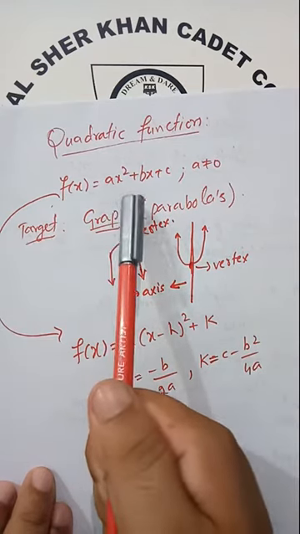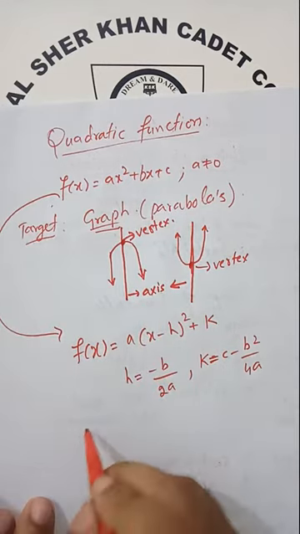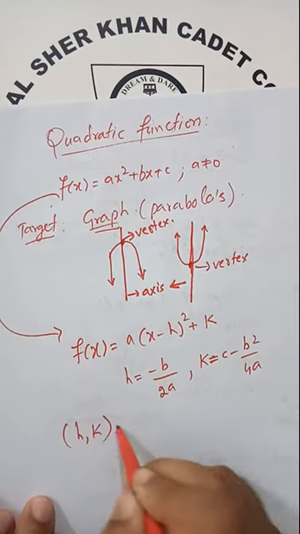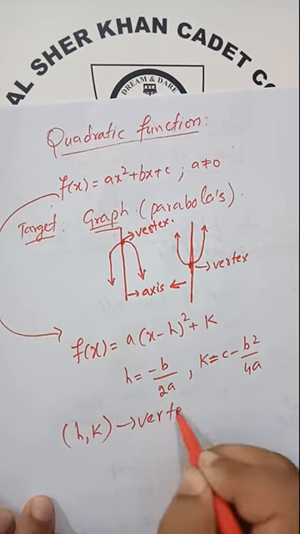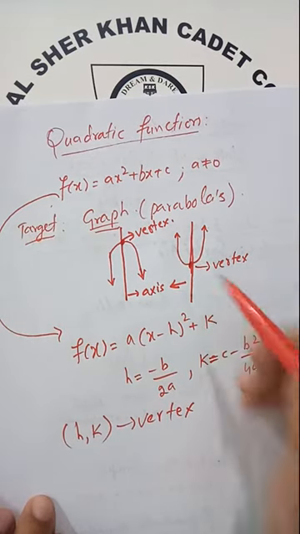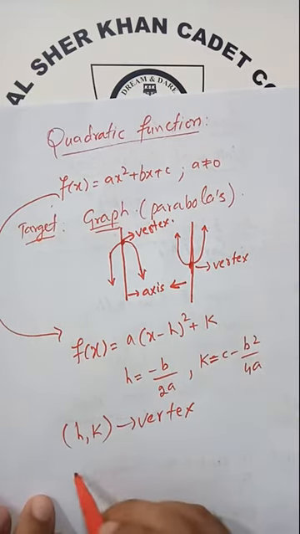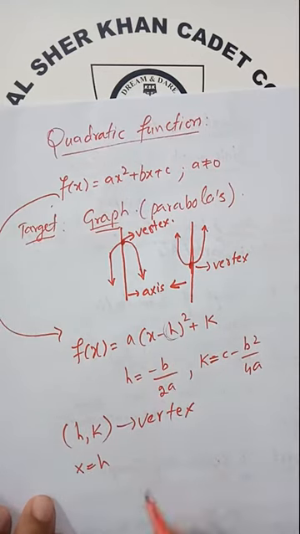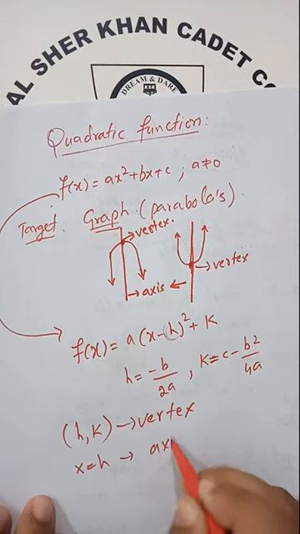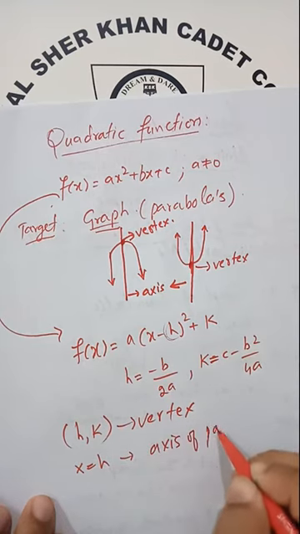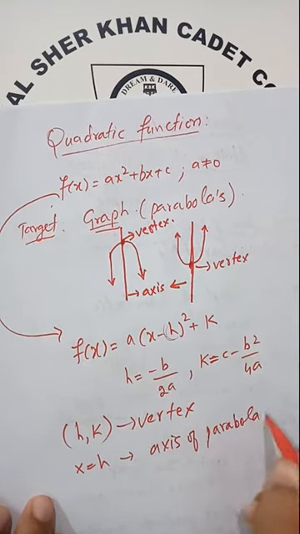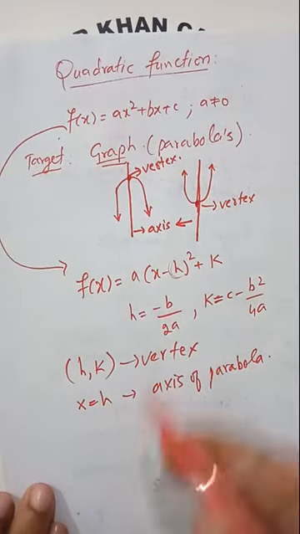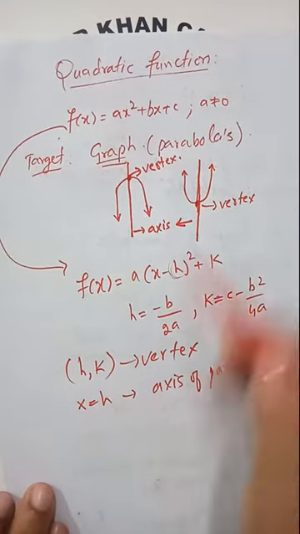You can take the values of a, b, c here and calculate. So this (h, k) is the vertex, which must be a point in a plane. This x is equal to h is the axis of parabola, and this x is equal to h is a vertical line.